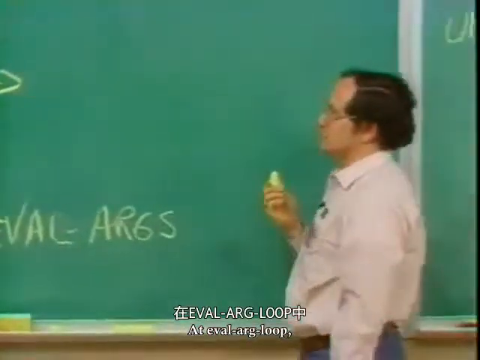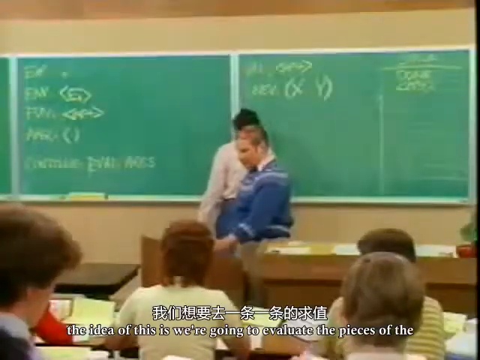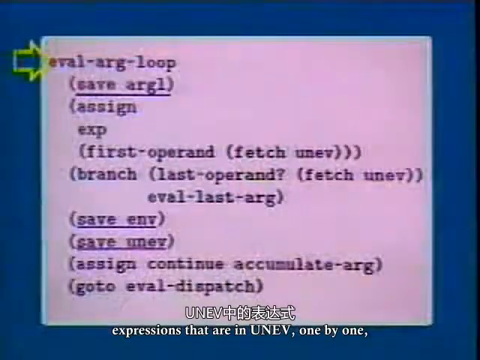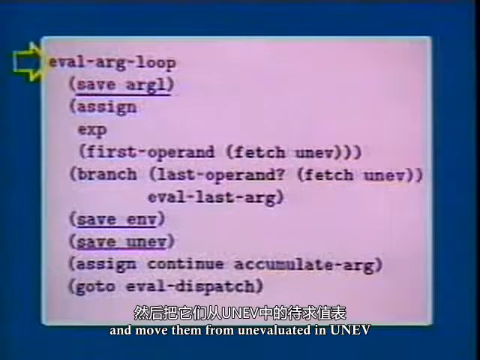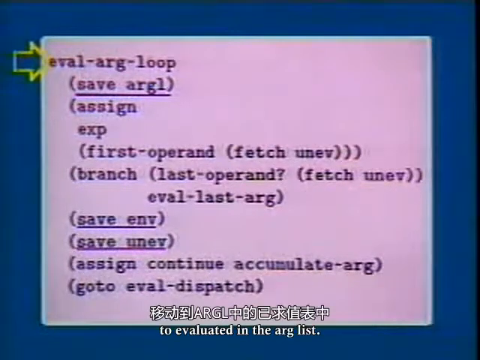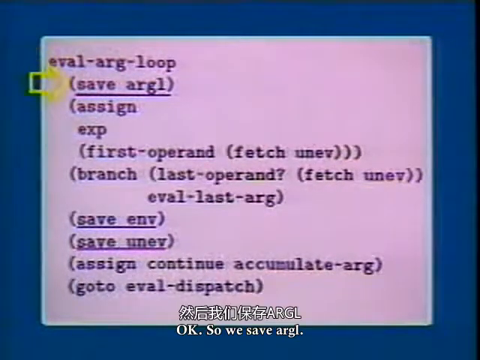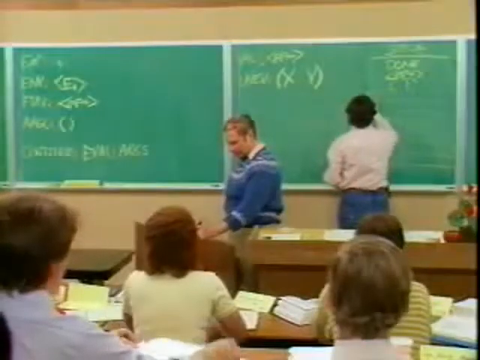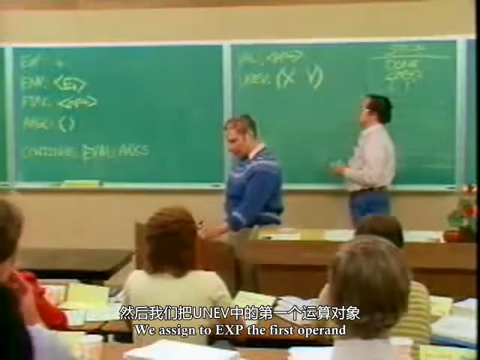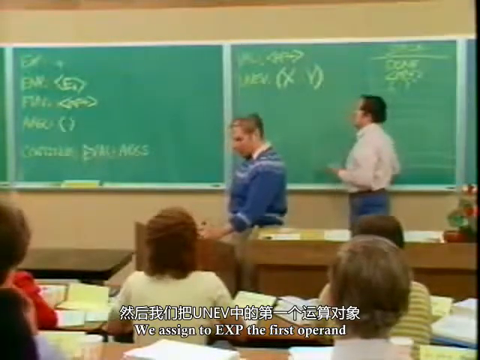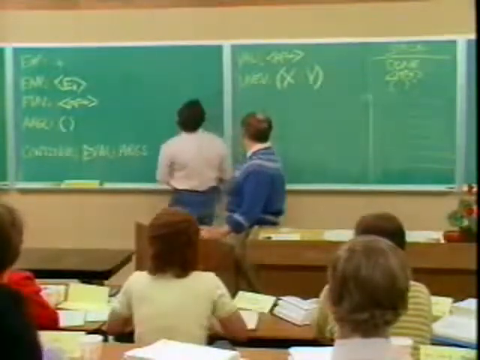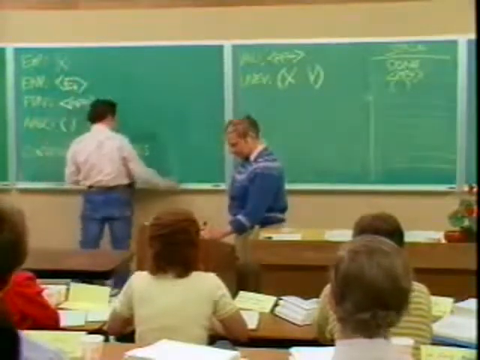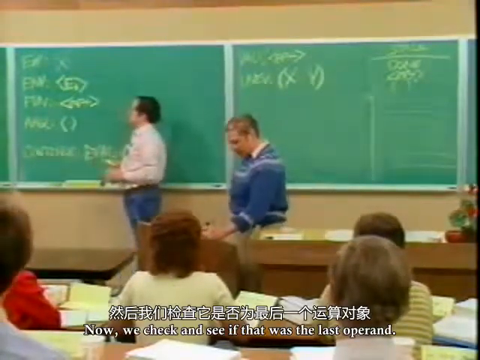Okay, eval arg loop, the idea of this is we're going to evaluate the pieces of the expressions that are in unev one by one and move them from unevaluated in unev to evaluated in the arg list. Okay, so we save argl, because we assign to exp the first operand of the stuff in unev. Now we check and see if that was the last operand.